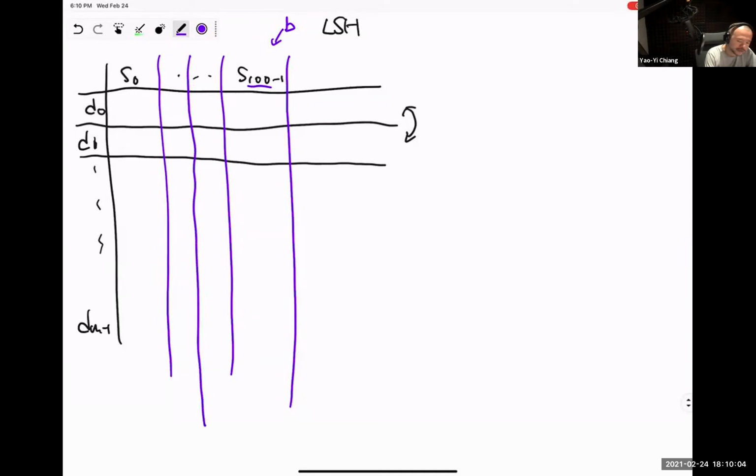How many signatures do you have in a band? Anybody? 100 signatures, your band count equal to 4. Great, your R will equal 25, right? That's 25 times 4 equal to 100. And each band here is your sample.